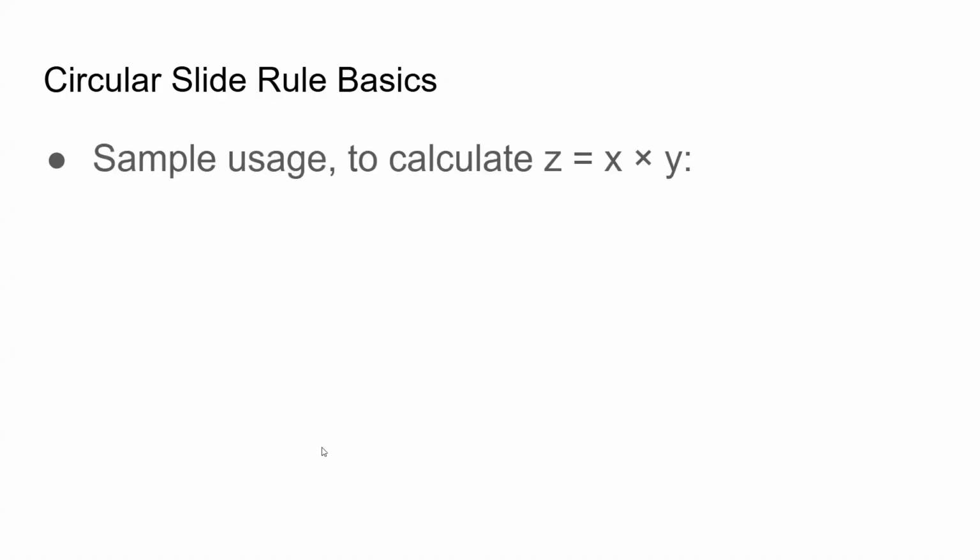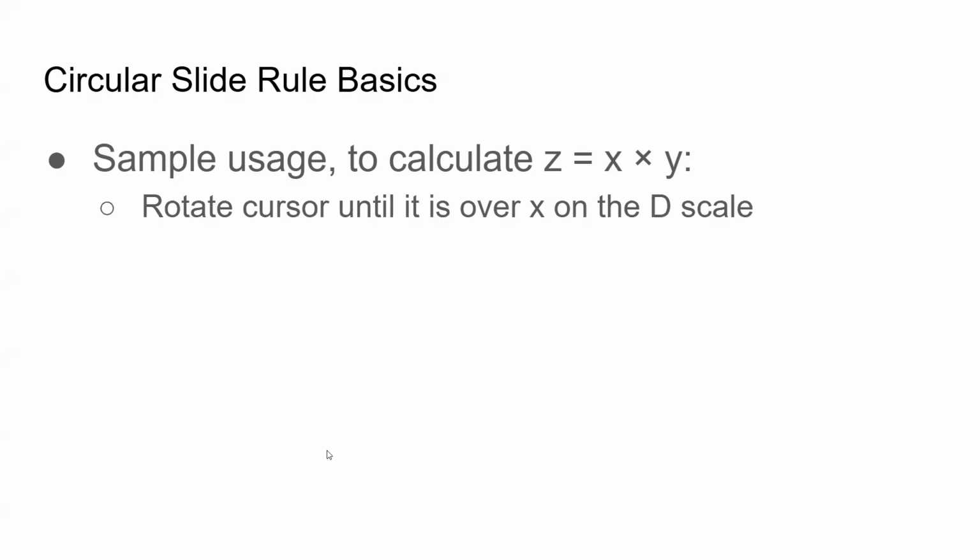So we'll look at this example and then come back to it later when I actually ask you to do some practice. But to calculate, let's say a product, z equals x times y, what we would do is rotate the cursor until it's over x on the D scale.